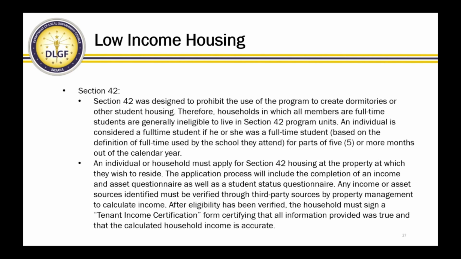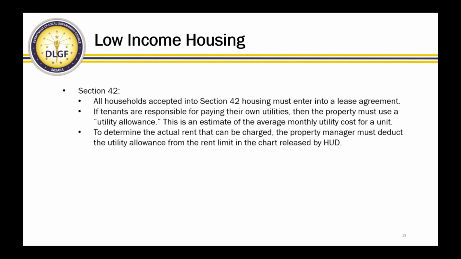We talked about the income generated, and then also whether or not one of the individuals is a student, what is their status. Once the eligibility has been verified, then the household must sign a tenant income certification, certifying that all the information is true and correct.